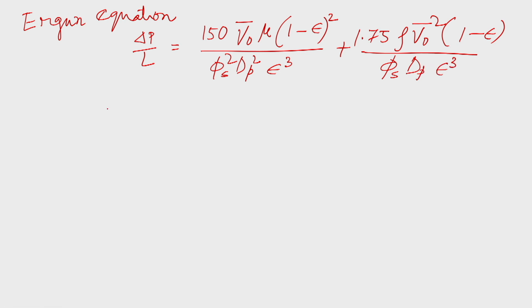Here delta p is the pressure drop across the column, and L is the length of the column.